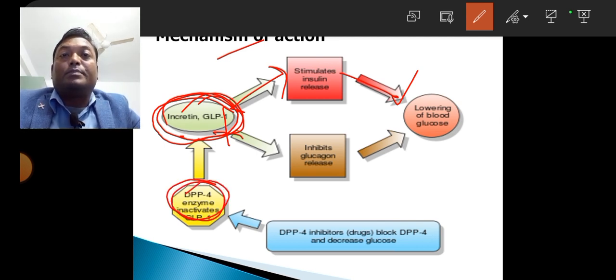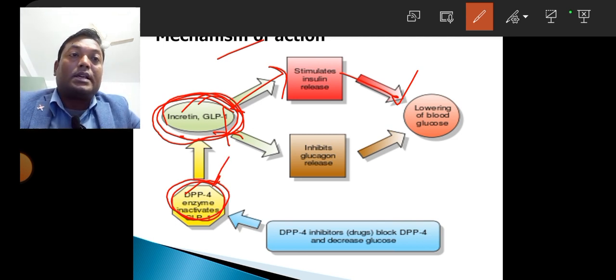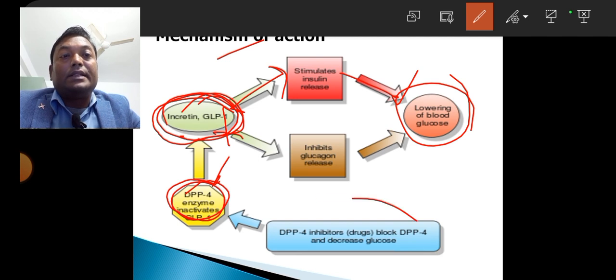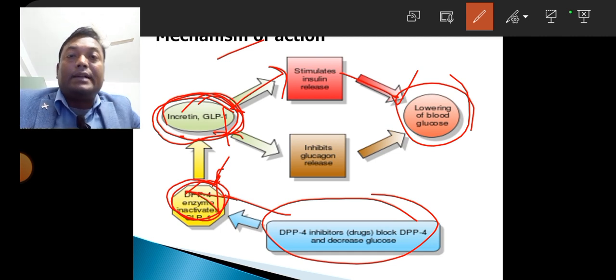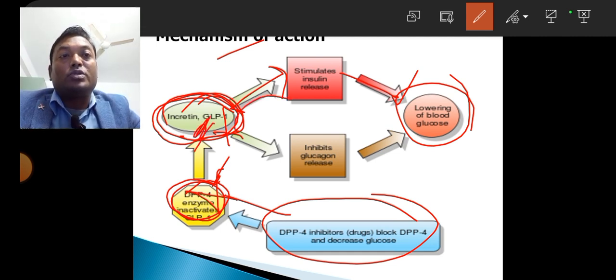Because of this DPP4 enzyme, the incretin hormone is not able to induce sufficient insulin for the reduction of blood glucose concentration. That's why DPP4 inhibitors block this DPP4 enzyme and give sufficient time to the incretin hormone to stimulate insulin, and thereby reduce the blood glucose concentration inside the body.